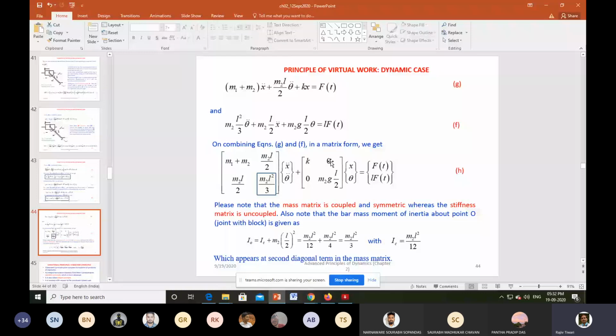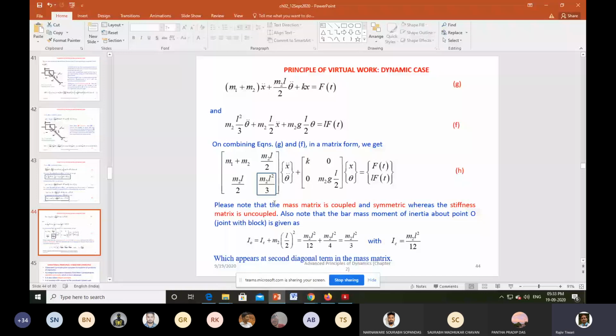Because the off diagonal terms are 0, there is no coupling in the stiffness matrix. The stiffness matrix is uncoupled because you can see in the first equation, it contains only x in the stiffness, and in the second equation it contains only theta. So this is an uncoupled stiffness matrix. But in the mass matrix, the off diagonals are not 0, so they are coupled. So this is called a coupled mass matrix.